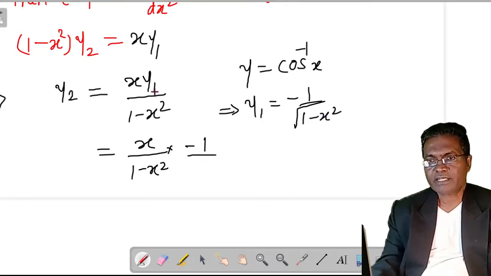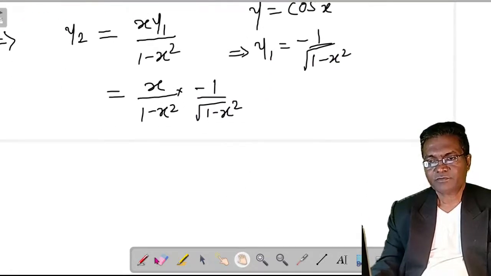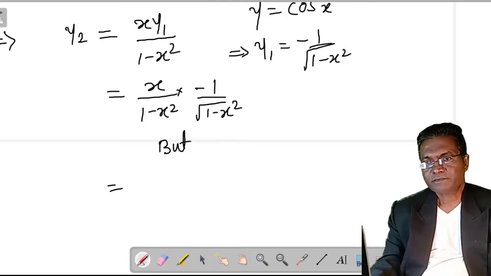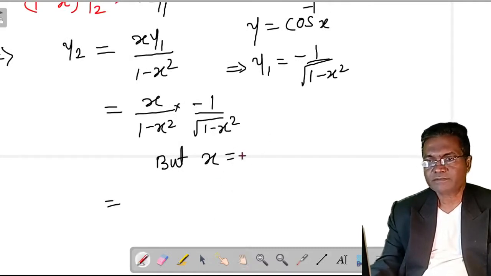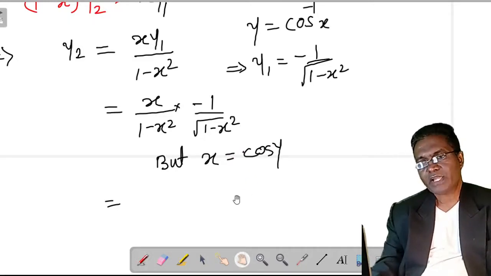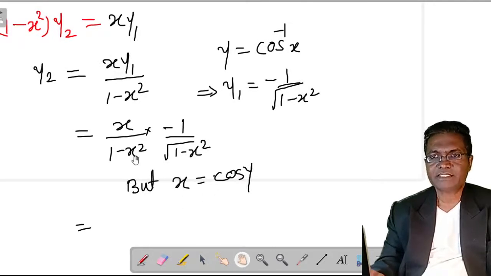So I can write this y1 as minus 1 by under root 1 minus x square. Further, x is what? Y is cos inverse x, so x is cos y. So x can be written as cos y.